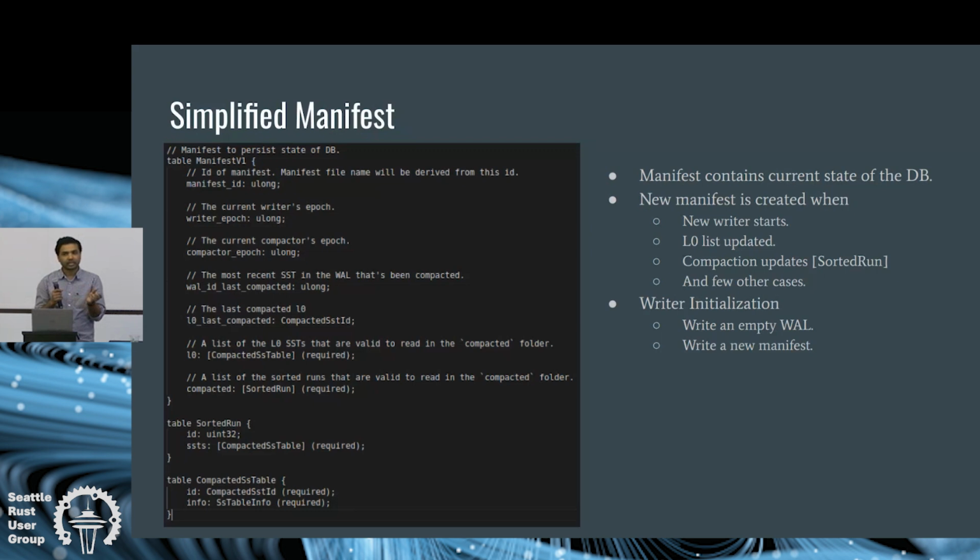Compaction, when it creates a new sorted run, would also update the manifest, and writer initialization will create the manifest as well with the incremented writer epoch. So essentially, every time a change to the database happens, a new manifest is created.